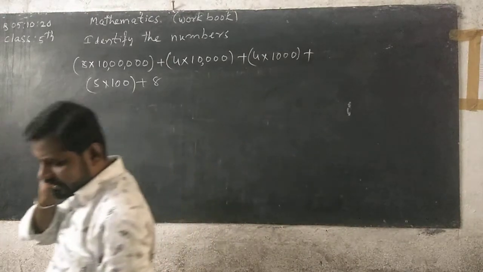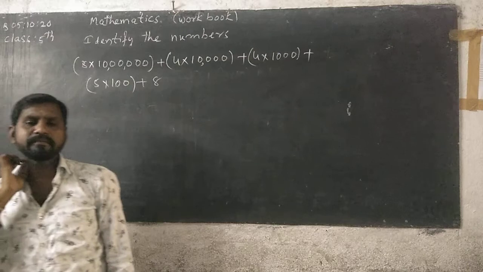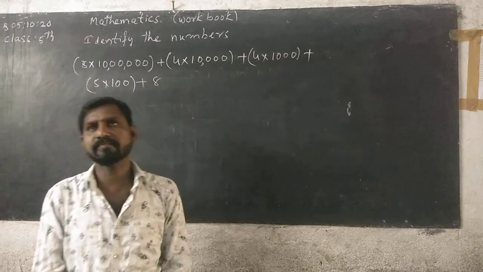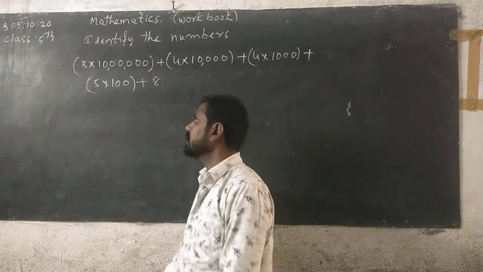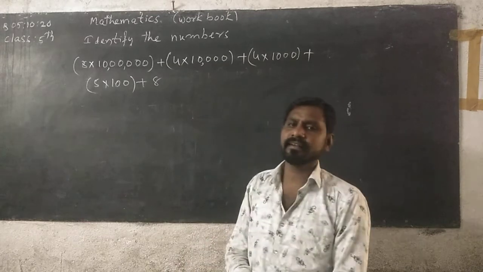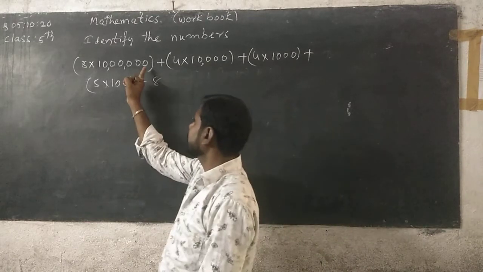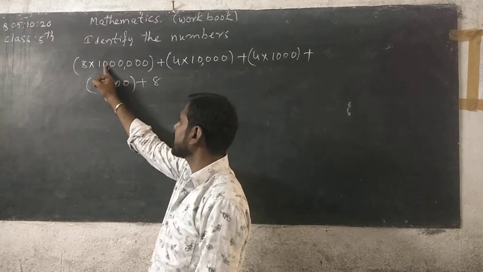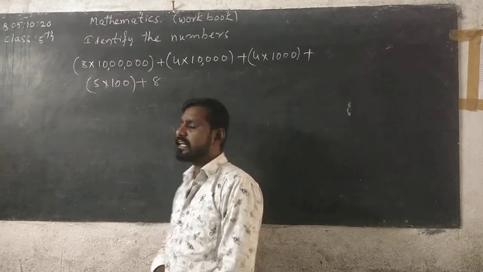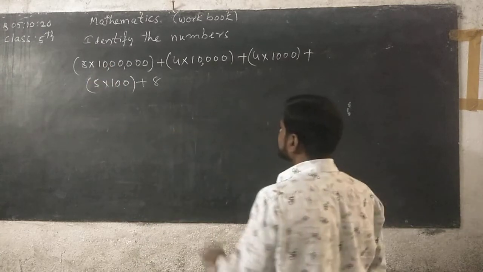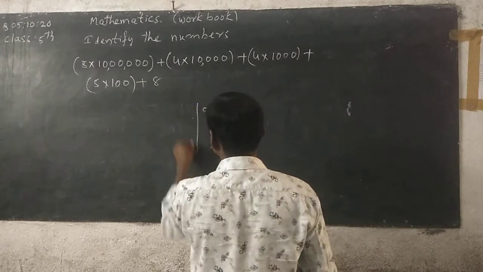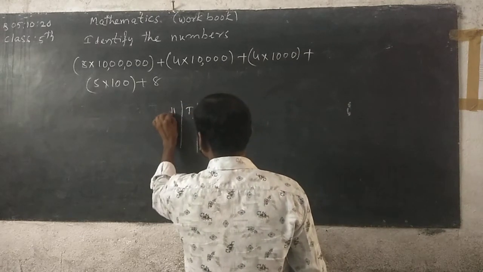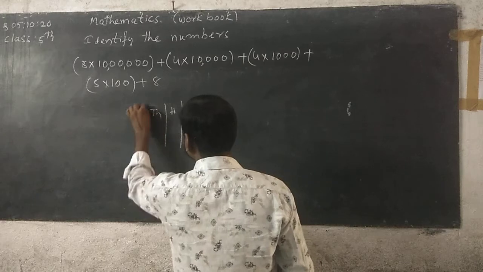While you are writing the expanded form into short form, first observe the number on the left side. See here, how many places are there. First you can see ones, tens, hundreds, thousand, 10,000, lakh, 10 lakh. Then you can write the place values from ones place to 10 lakhs place.